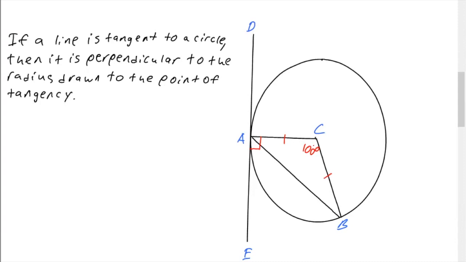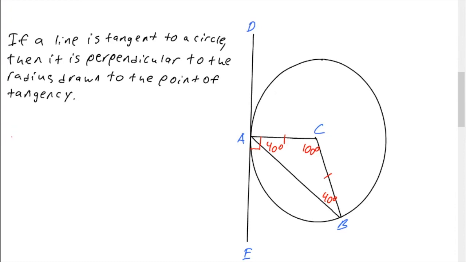If we know that angle ACB is 100, then these two angles will add to 180 with the 100, so these two have to be 80 combined, and it's an isosceles, so divide by 2, these are both 40 degrees.